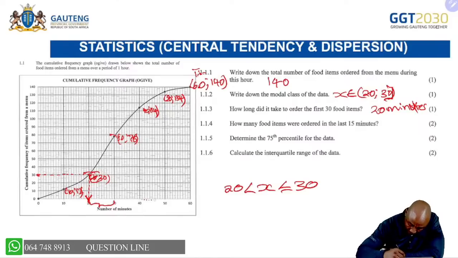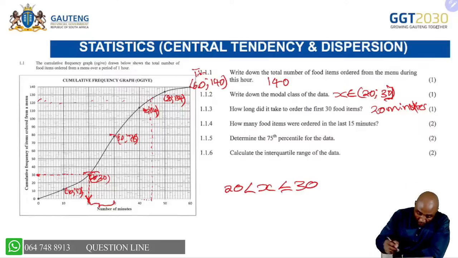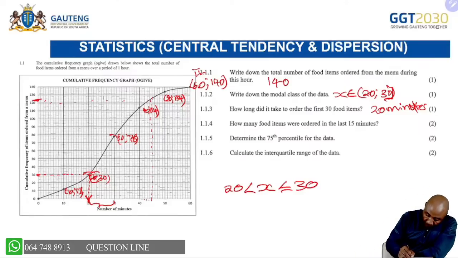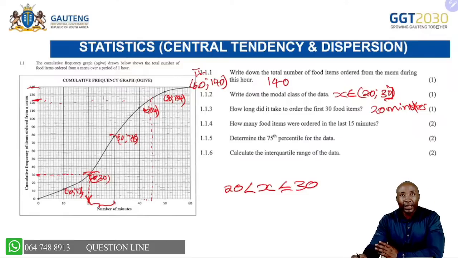You place your ruler there and draw your dotted line up to the graph. Then you take a reading on the other side. You will get the number of food items that were ordered there. But remember, it is the last 15 minutes. So whatever you get as your value here, you subtract it from 140, and that will give you your answer for the last 15 minutes.